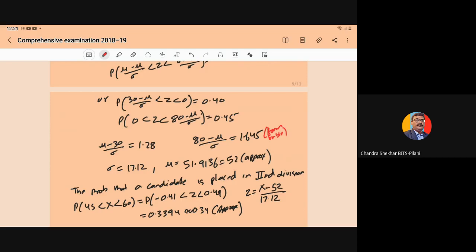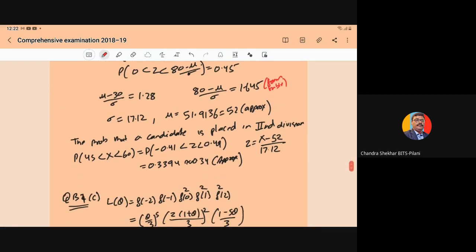What is the probability that an individual belongs to the second division? So here the marks of the student should lie between 45 to 60. So probability for x between 45 to 60, if you do x minus mu upon sigma, it will become minus 0.41 less than z less than 0.49, right?